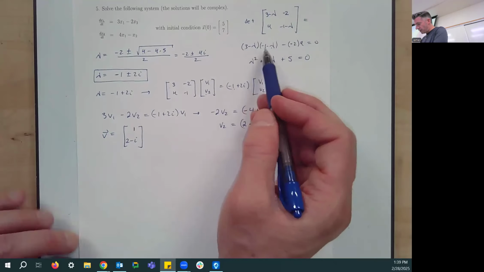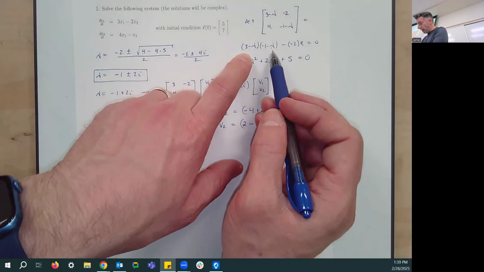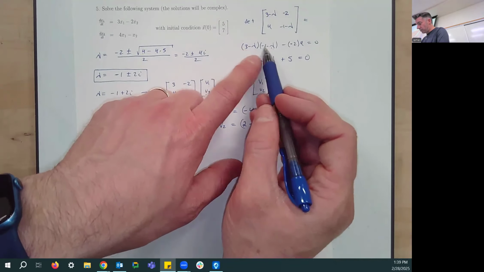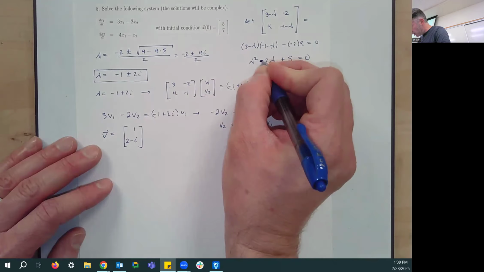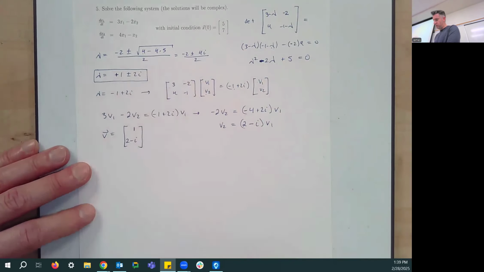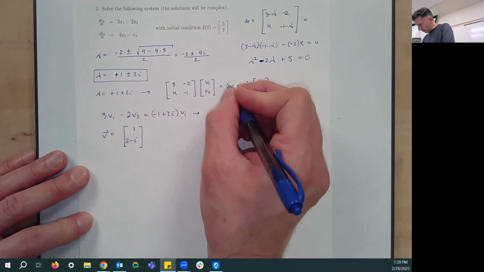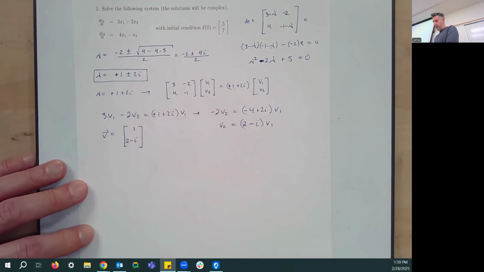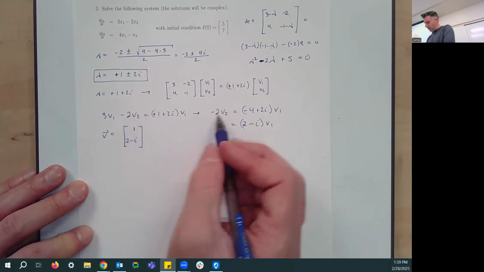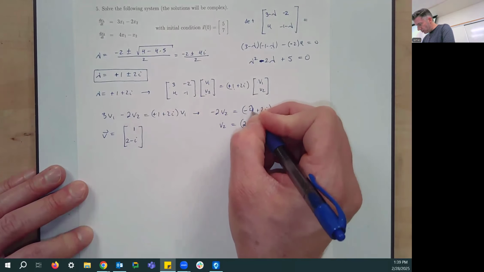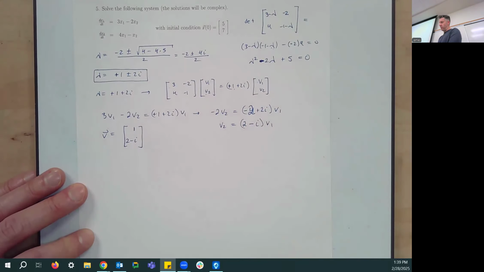Oh, right. So right here is where I missed something. I somehow said +3 minus 1 when it should have been -3 plus 1. That should have been a -2. Oh, it's terrible. So then that should be a +1 plus 2i. And then finally, we're going to get -v2 equal to 1 minus 3, which is -2 plus 2i times v1.